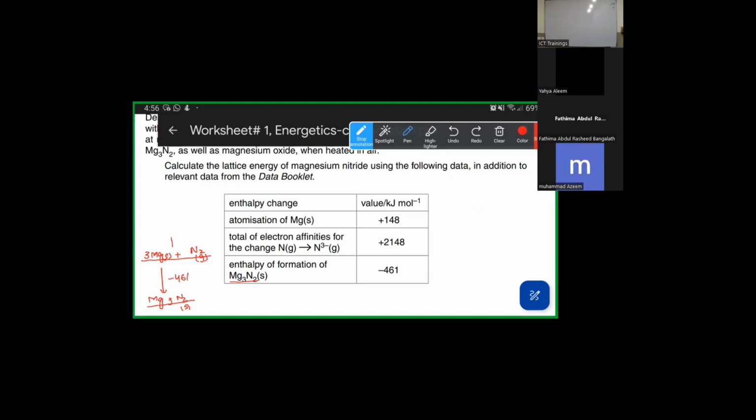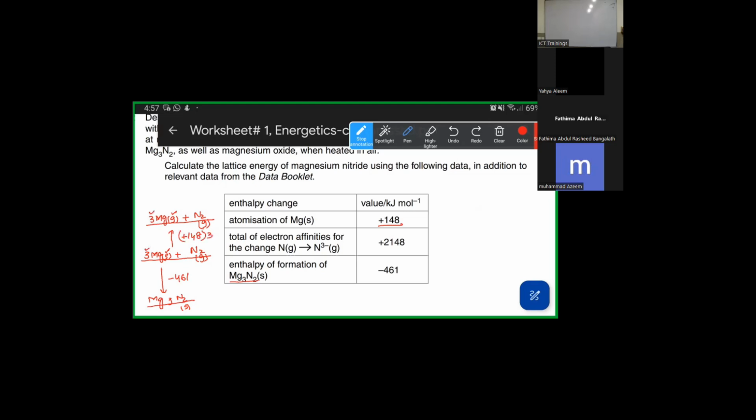Okay, now you should change magnesium into magnesium gas. So 3 magnesium gaseous form and write N2 as it is. So this is the atomization of magnesium from solid to gas. The atomization of magnesium is written up here, that is plus 148. But if you look up here, you got 3 magnesium, so you should multiply it with 3.